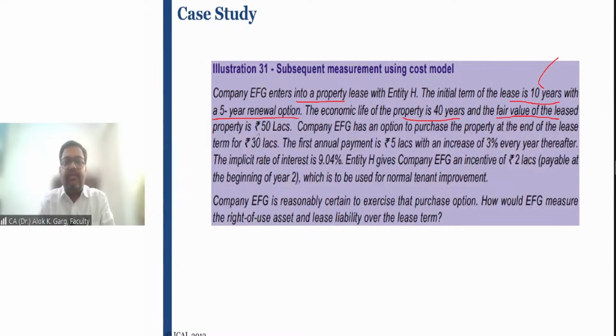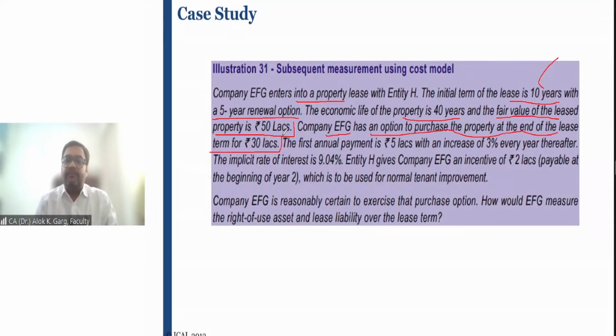And the fair value of the leased property is rupees 50 lakhs. Company EFG, who is the lessee, has an option to purchase the property at the end of the lease term for rupees 30 lakhs.